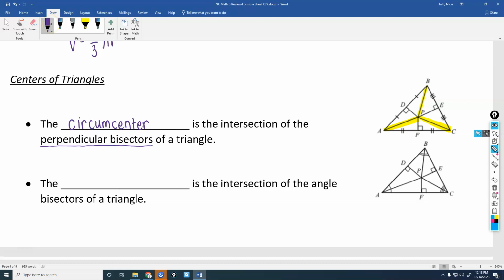The next one is called the incenter. It is the intersection of the angle bisectors of a triangle. In it, all 3 of these little pieces are congruent to each other.